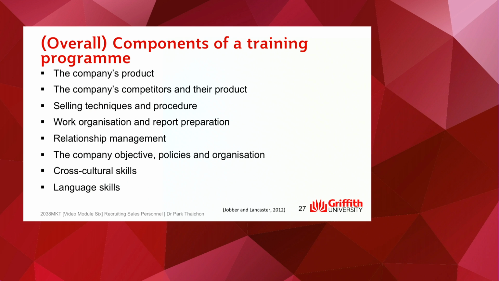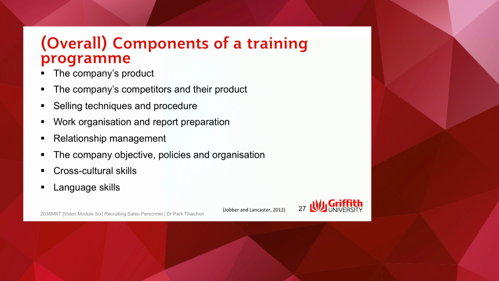All right. Here are some other types of training that we could do. First, training about the company product and service. Train about competitors: who are they, what are they good at? So when we do negotiation with our client, we can talk about that as well.